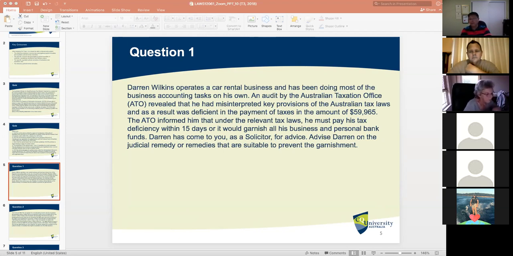That could be really problematic. What advice would you give? I mean, you could always ask the ATO for an extension. But what if the ATO refuses? And here they are saying that they are about to garnish the funds, both the business and the personal funds of Darren Wilkins. What would you suggest?